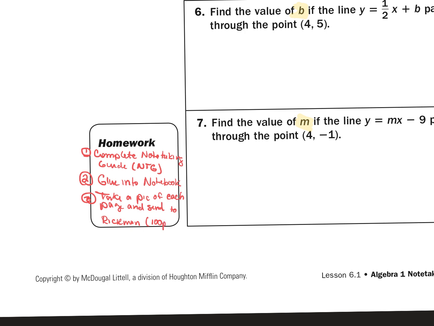That's 100 points each page. And then 4, you're going to complete the worksheet that the sub passed out. Okay? Then you're going to take a picture of that and send that to me so that I know that you did your homework. All of these things will be in Teams so that you can know what's due.